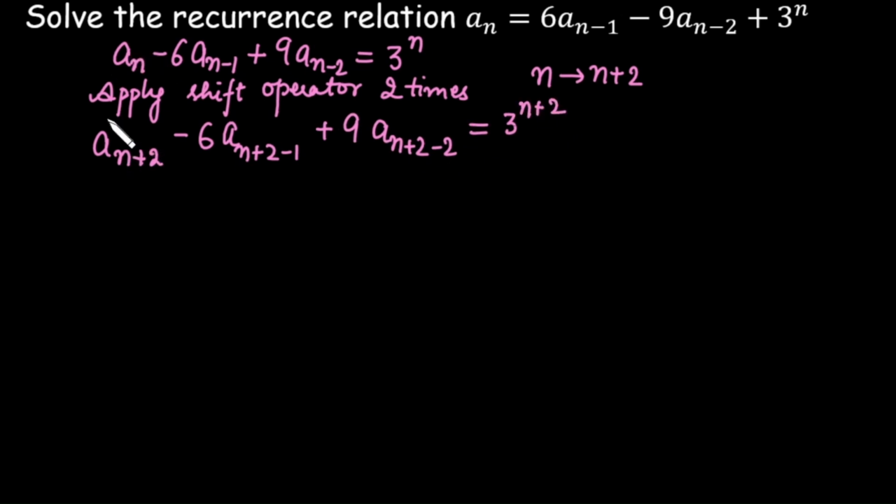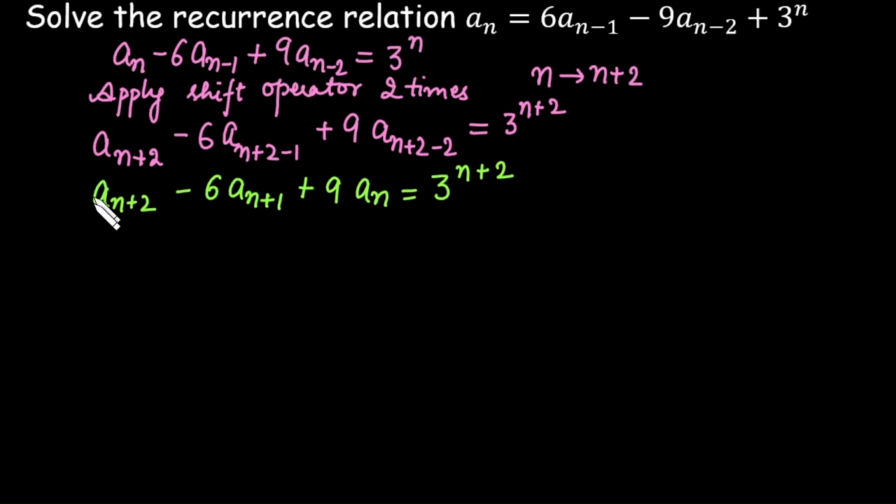So we can directly apply the shift operator by just changing n to n + 2. This is equal to a(n+2) − 6 a(n+1) + 9 an = 3 raised to power n + 2.